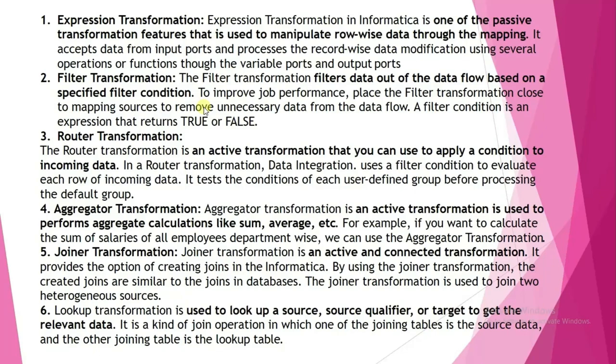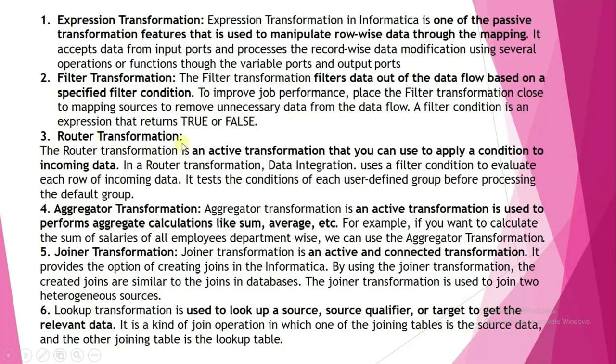If you want to fetch the records of employees whose salary is 15,000 to 25,000, then we have to use filter transformation. That will give you the range output. To improve job performance, place the filter transformation close to the mapping sources to remove unnecessary data from the data flow. A filter condition is an expression that returns true or false.